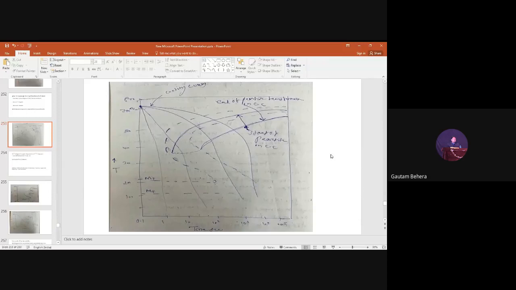Chandan Maharana, can you answer this one? Answer the question. Sir, because there is no soaking time. Can you simplify that? What do you mean to say?